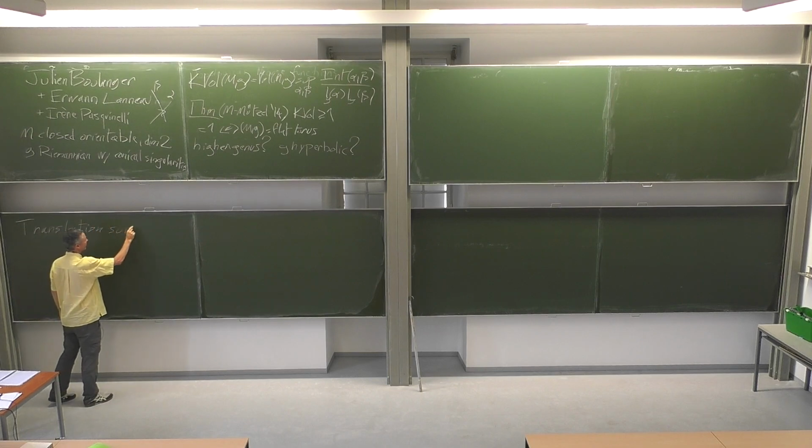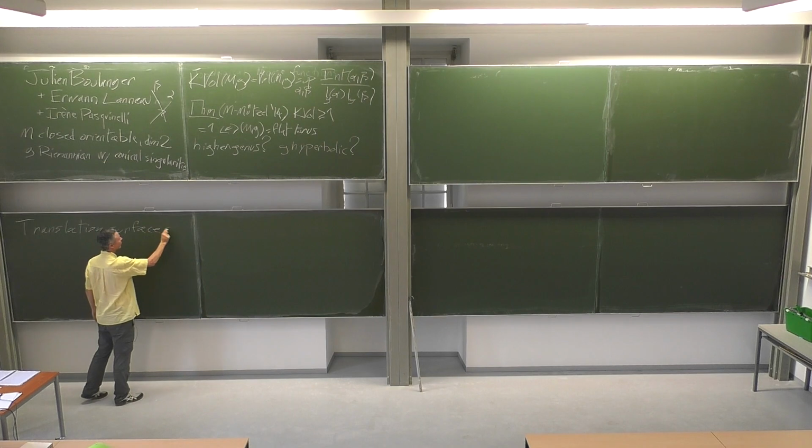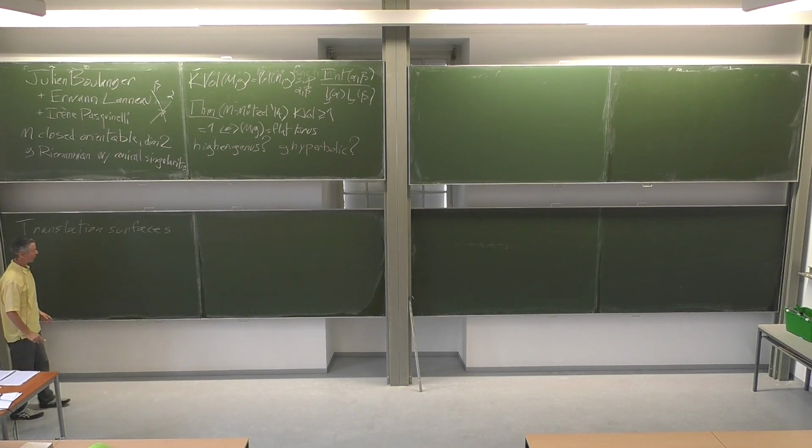So what is a translation surface? It's very simple. You take a polygon in the plane, and you want this polygon to have its sides pairwise parallel with the same length. This is parallel and with the same length as this, and this with this.